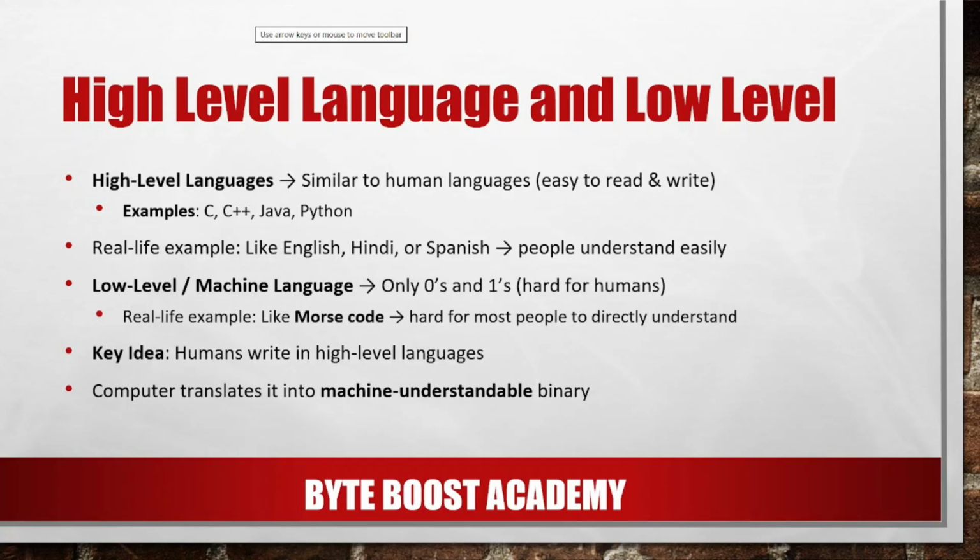In our first day, when we were discussing computer organization and architecture, we heard about this term, assembly language. Suppose in the 8085 microprocessor, if I write MOV or MVI, these are commands.